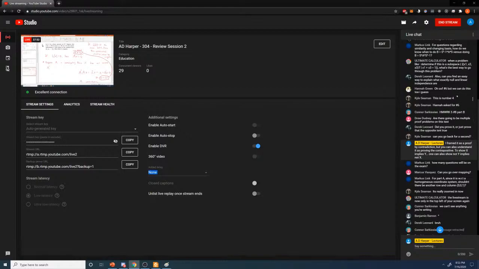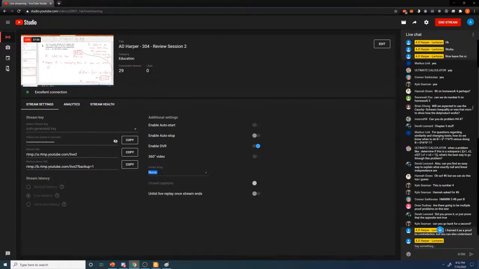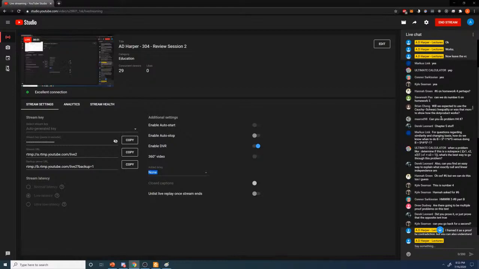So now we've done these. Someone wanted number 7 on homework 4. Actually, before that, I should talk about the Cauchy-Schwarz inequality. Will we be expected to use the Cauchy-Schwarz inequality, or is that more to show how the dot product works? That was a purely theoretical result.